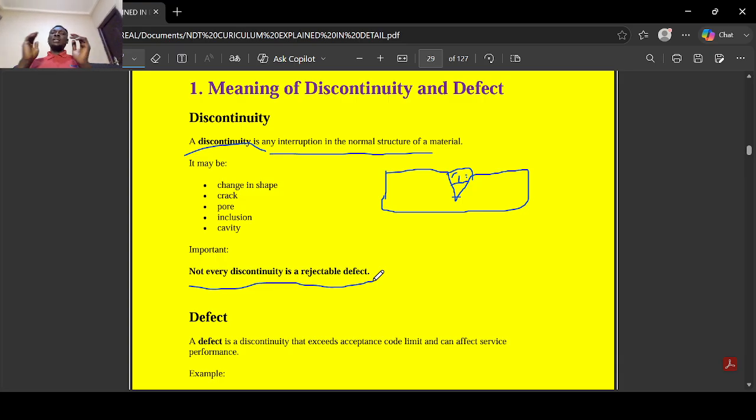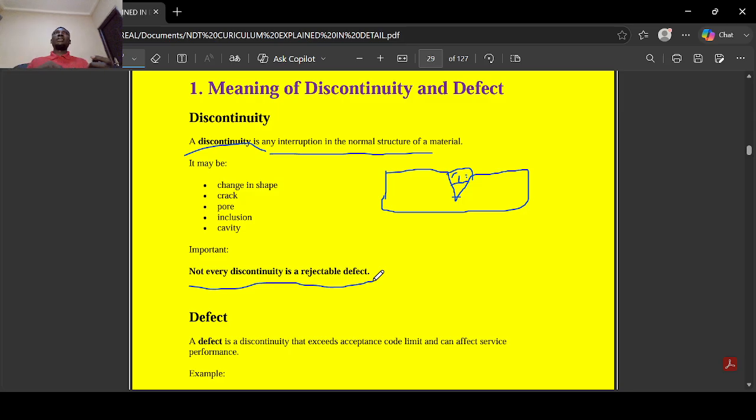Okay. Another example. For example, your car. You bought a new car, and unknowingly to you, there's a scratch on the car body. That becomes a discontinuity on that car. Then, for example, again, you bought a new car and you have an issue with the engine, where you see there's a crack on the engine.